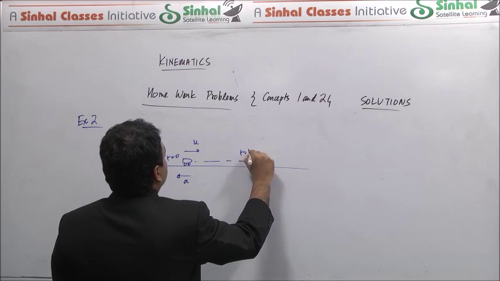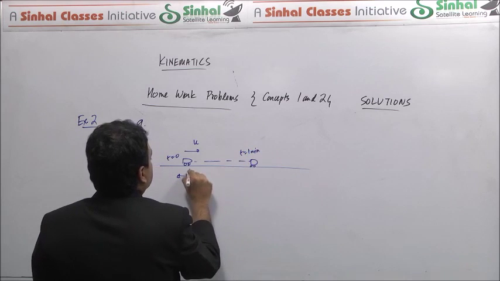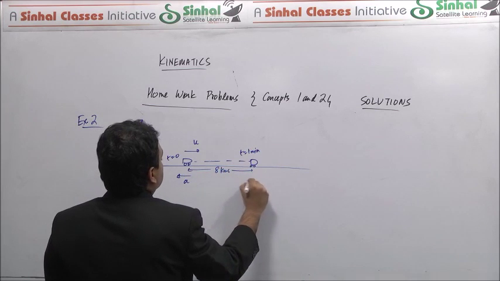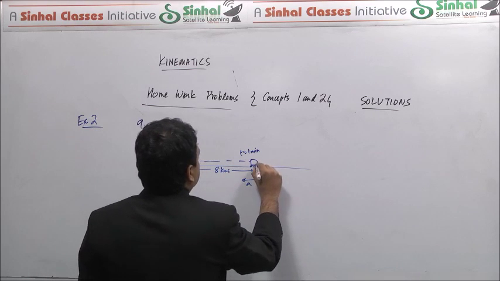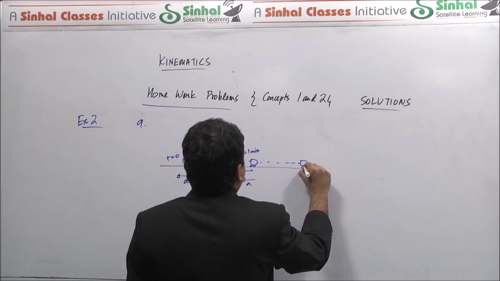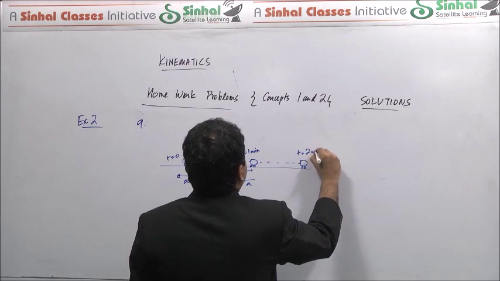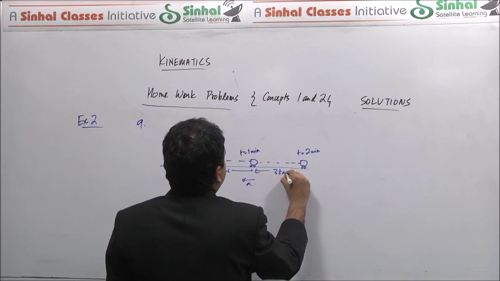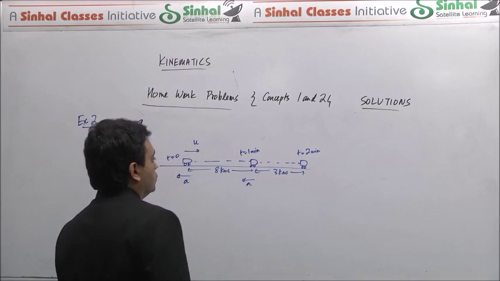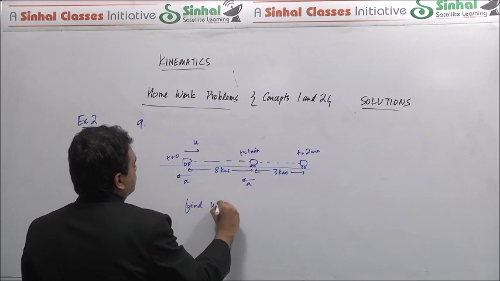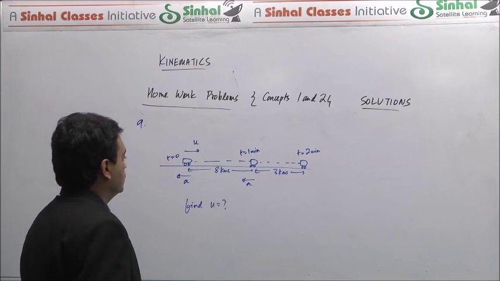At t equal to 1 minute, it has traveled a distance of 8 kilometers, continues to decelerate, and in a time of 2 minutes or a further 1 minute, it has traveled a further distance of 3 kilometers. Okay. So from this we have to find u. Okay.